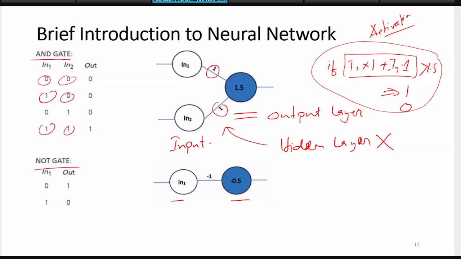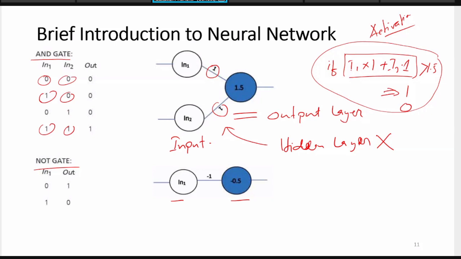So a neural network you may design manually if you know the appropriate values. Given a real world problem, you know that the network should look something like this, and these are the appropriate values. If you can manually work it out, I can also design this neural network manually.